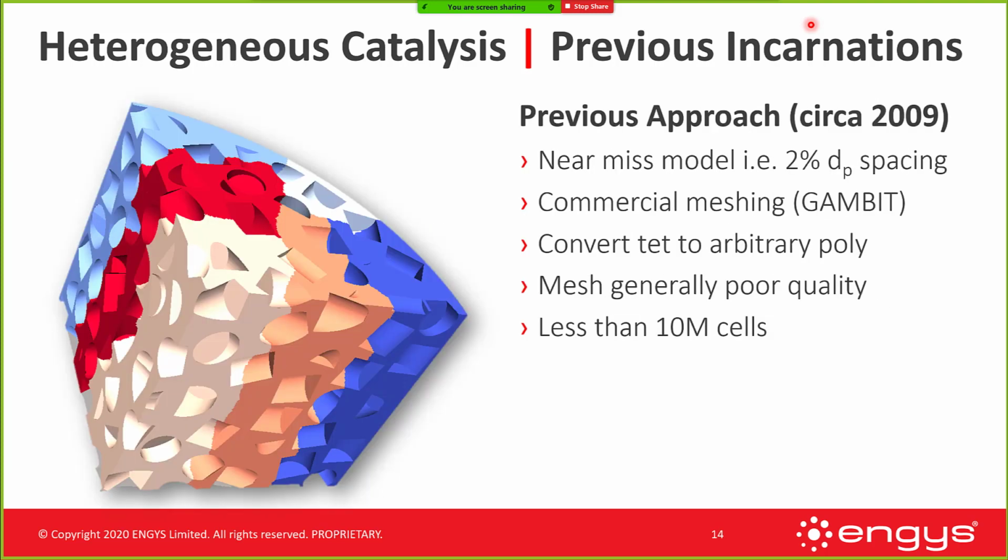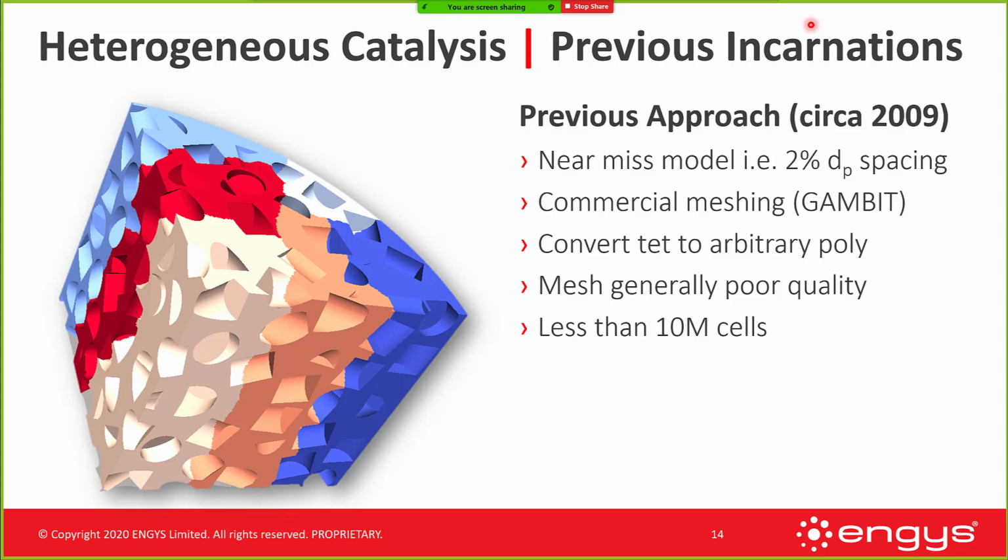In my previous work around 2009, the near-miss model was used, adding something like 2% of the diameter of the particle as spacing in between. The reason this was done is because a commercial meshing approach was used with Gambit, if you have ever used that tool. It's very challenging to use.